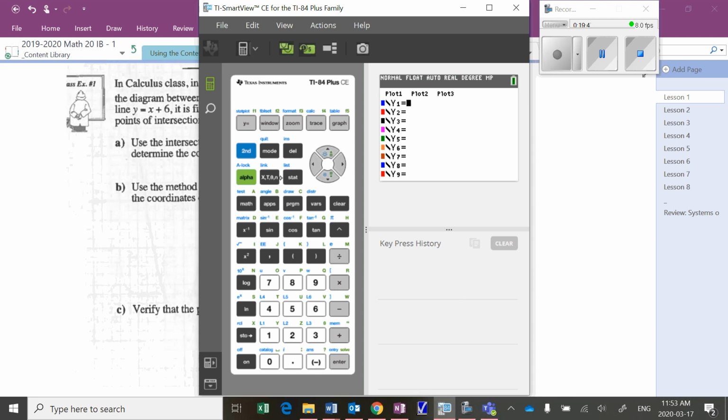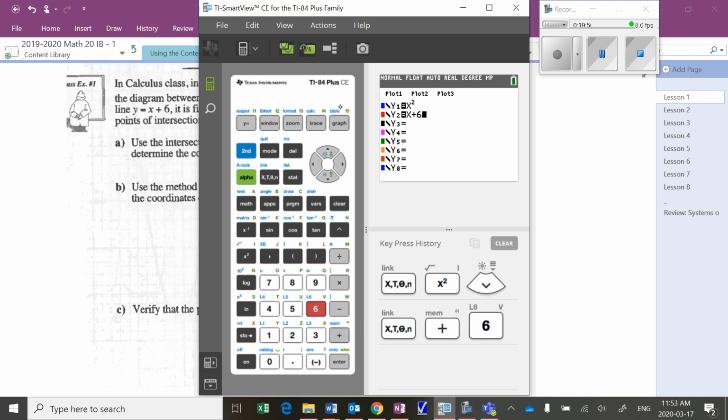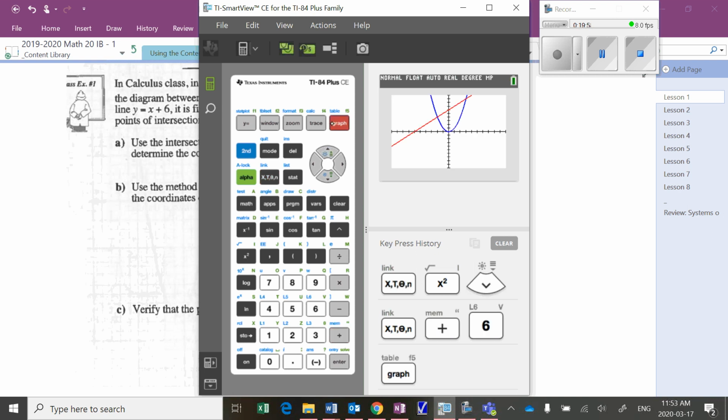The first one was y equals x squared, and our second graph was y equals x plus 6. So let's go ahead and graph those. The key piece in this particular case is that we can see both of our intersections on the graph. Obviously, we'll need to adjust our window settings if you can't see both intersections.